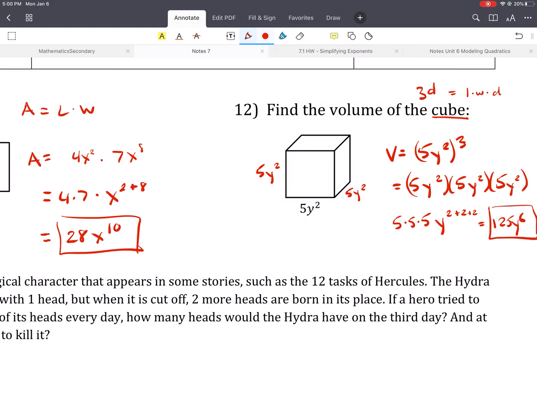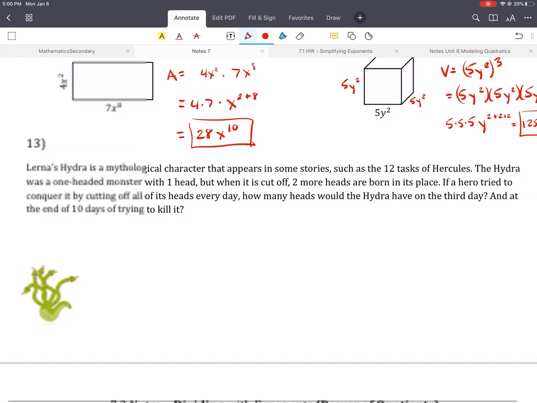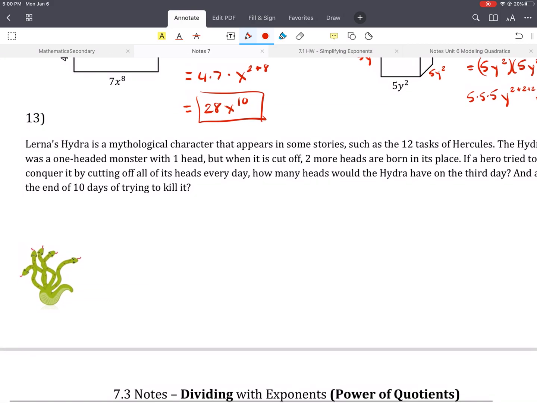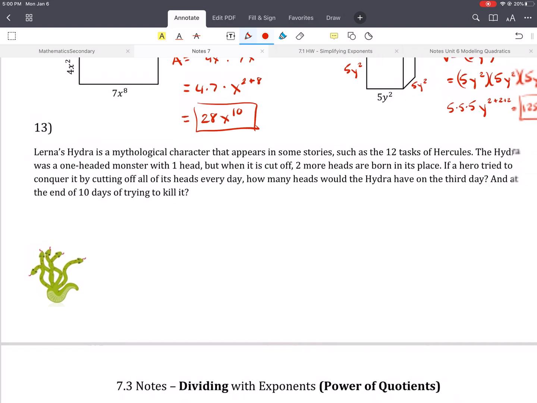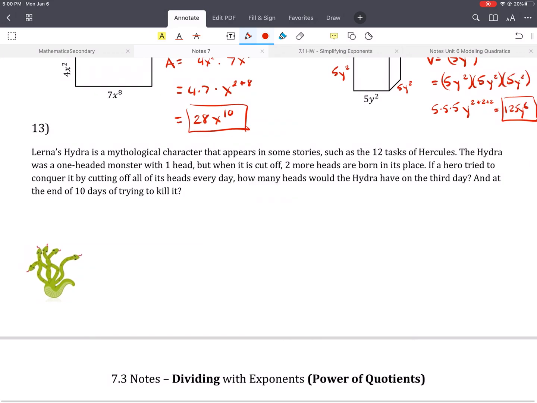Okay? And the last one is a word problem. Lernaean Hydra is a mythological creature that appears in some stories, like Hercules, okay? Or at least it was in the movie, okay? It says here, such as the 12 tasks of Hercules. The hydra is a one-headed monster that has one head, okay?